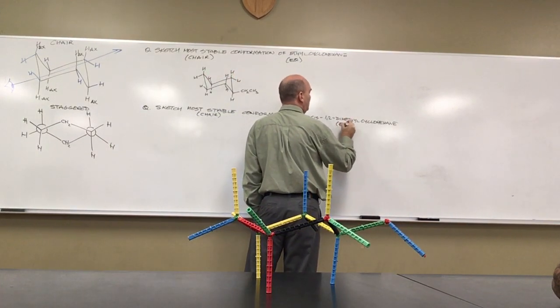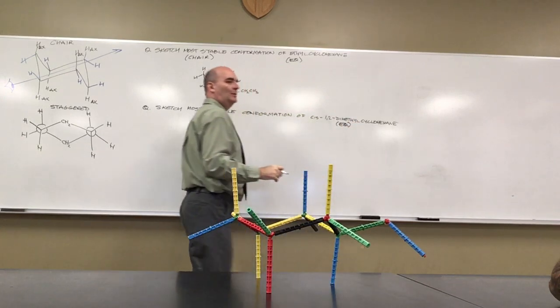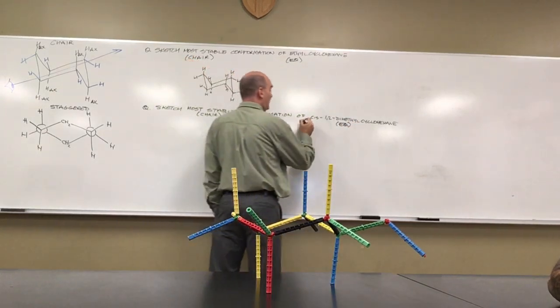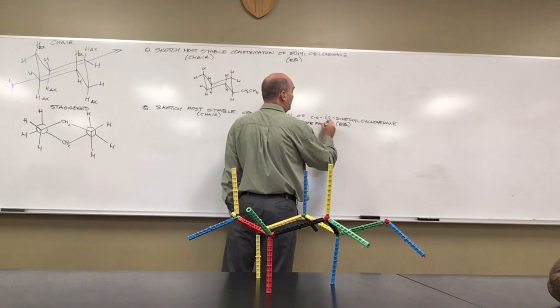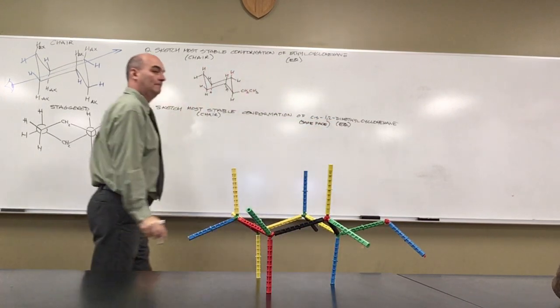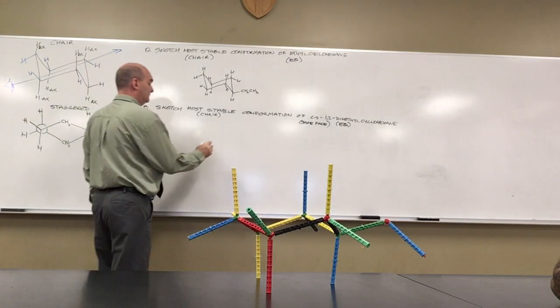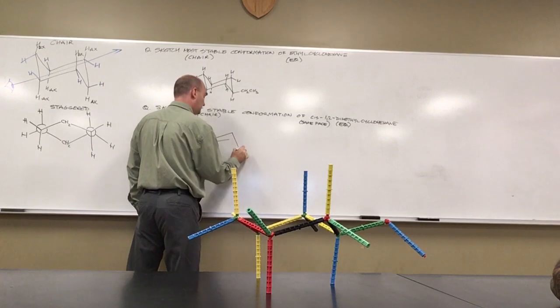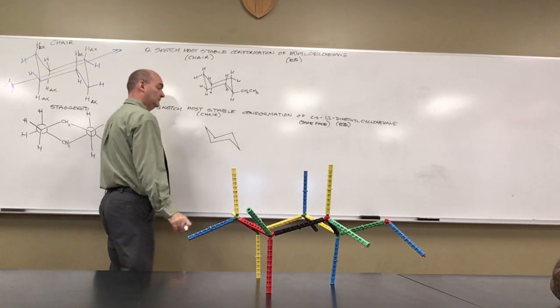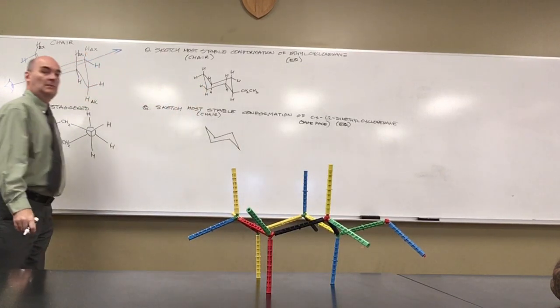And these should be equatorial. Cis, of course, means on the same face. Here's the chair.